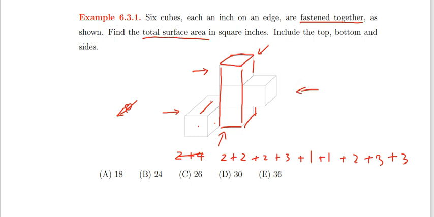And this way, 2. Then for this cube, we have 6 faces, but we have 5, because we cannot count that one. Plus 5.